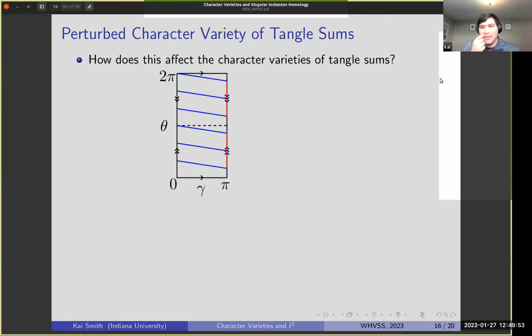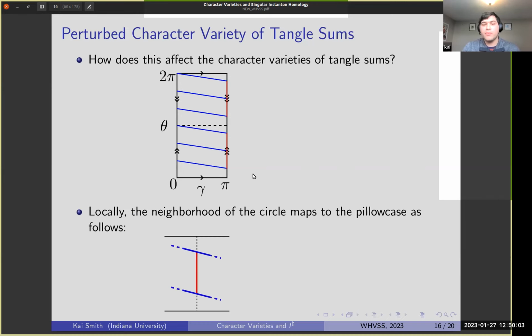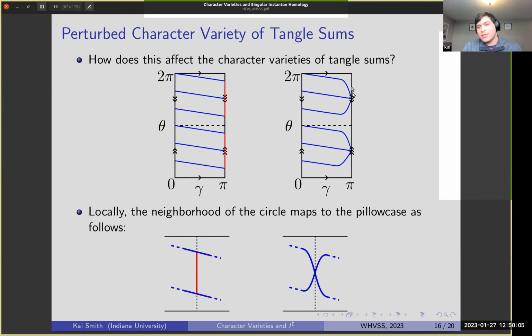So first of all, given a pretzel knot, it'll generate this sort of picture in the pillowcase. But then again, we want to perturb. This picture I gave you of a perturbed character variety is only really up to isotopy.